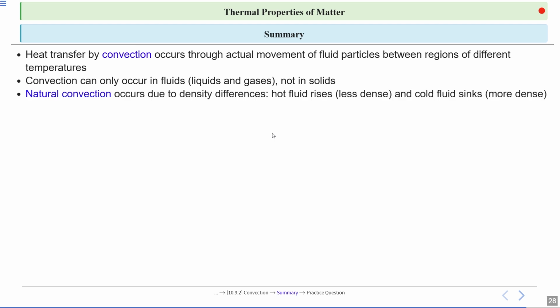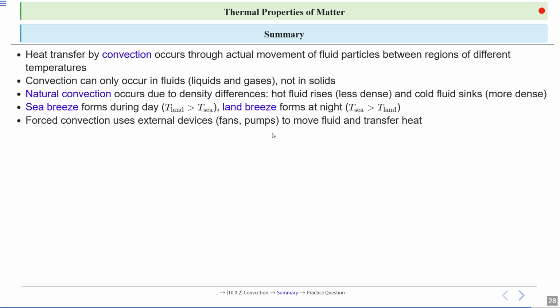Natural convection occurs due to density differences. Hot fluid rises because it is less dense, and cold fluid sinks because it is more dense. Sea breezes form during the day, when the temperature of the land is greater than that of the sea. Land breezes form at night, when the temperature of the sea is greater than that of the land.